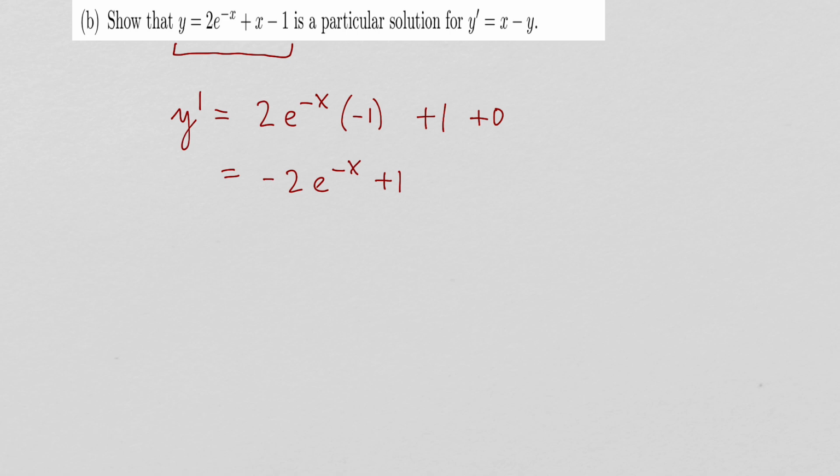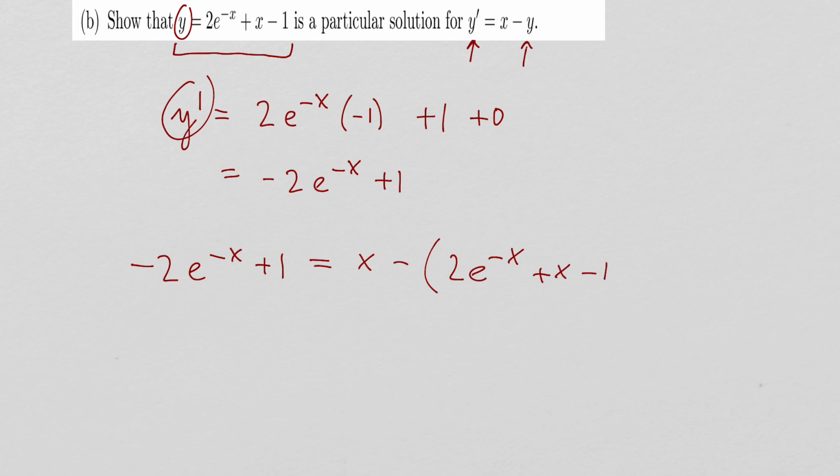Now we know what our function is and what the derivative is, and we can substitute them both into the equation. We would get that the derivative of y should be equal to x minus y. Let's see if this is true. Well, in the right hand side we have x minus x.